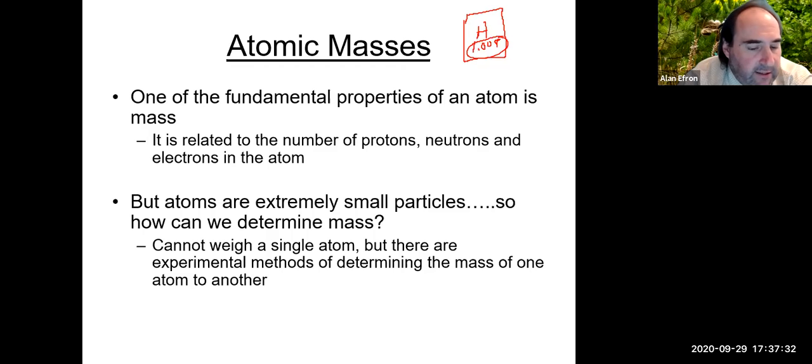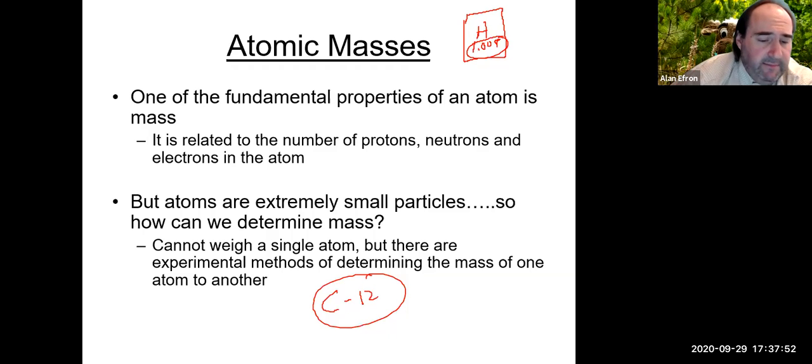So much like a lot of things in chemistry, they have to come up with a standard to compare everybody else to. In terms of atomic mass, the standard that they chose was an isotope of carbon. It was the carbon 12 isotope, the 12 being the mass number there. The carbon 12 isotope has exactly the mass of 12, referred to as 12 AMU, AMU being atomic mass unit.